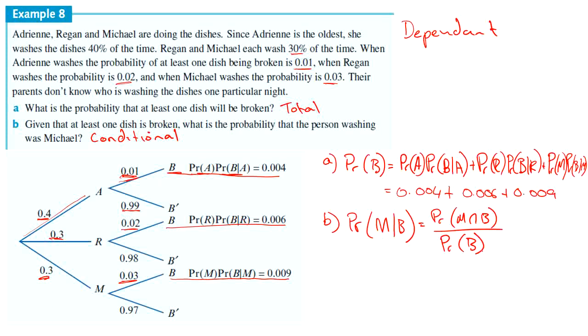All right, so we have the probability of a broken dish from the previous question. And the intersection of Michael breaking dishes is this one here. So this is equal to 0.009 divided by 0.1.